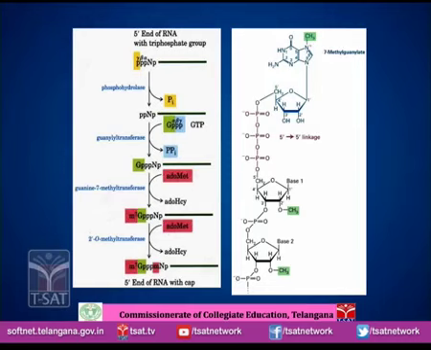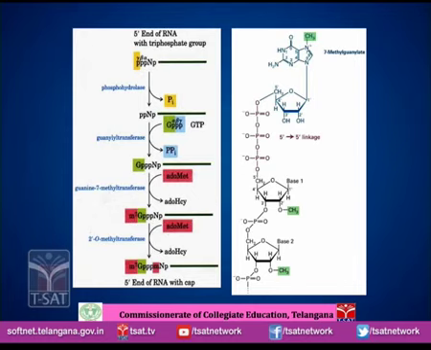Here at the 5 prime end there is a nucleotide triphosphate. The nitrogen bases are adenine, guanine, cytosine and thymine, but since this is an mRNA, uracil is present instead of thymine. At the 5 prime end there are 3 phosphates, a triphosphate, which we can label alpha, beta and gamma.